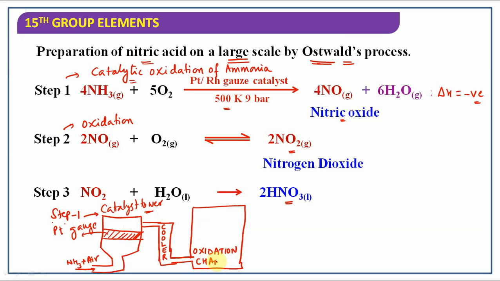In this oxidation chamber, what will happen? NO plus O2. Nitric oxide can be oxidized to nitrogen dioxide, right? And later on it must be passed. It must be connected to the absorption tower.